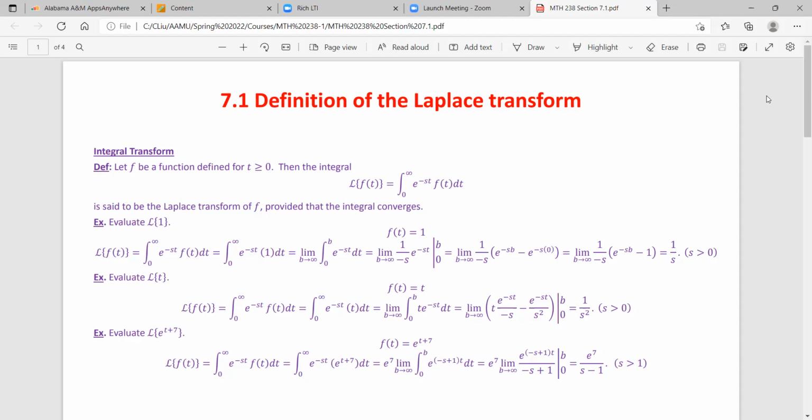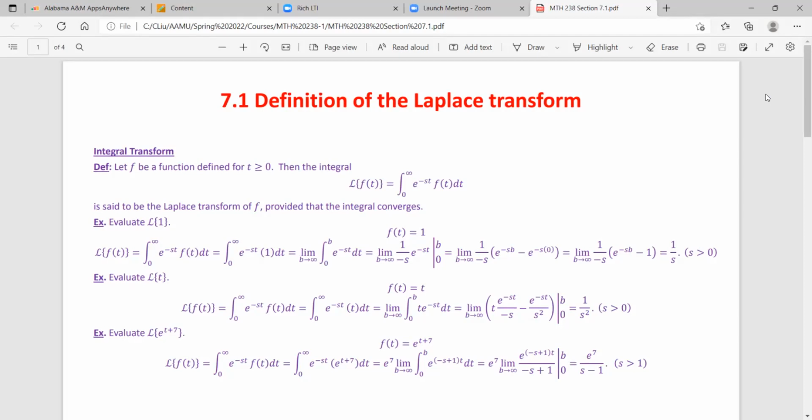And then we can solve those equations easily. After that, we're going to use the so-called inverse Laplace transform to convert the solution into the original domain, and then we obtain the solution of the original differential equations.